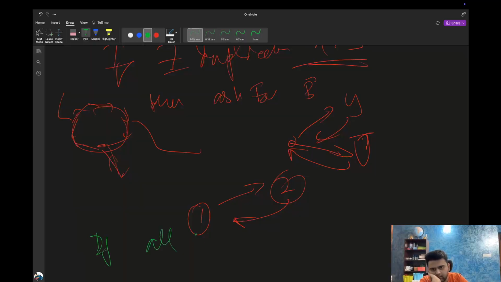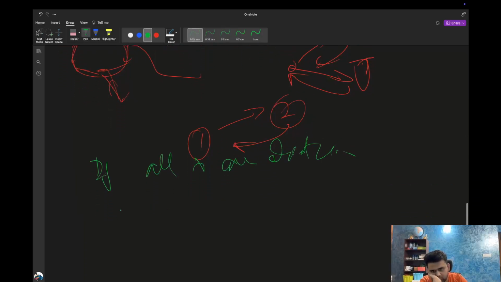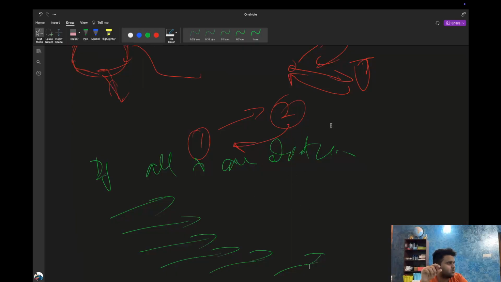If all x are distinct, all have exactly one outgoing edge. Just multiple cycles. It's just going to be multiple cycles.